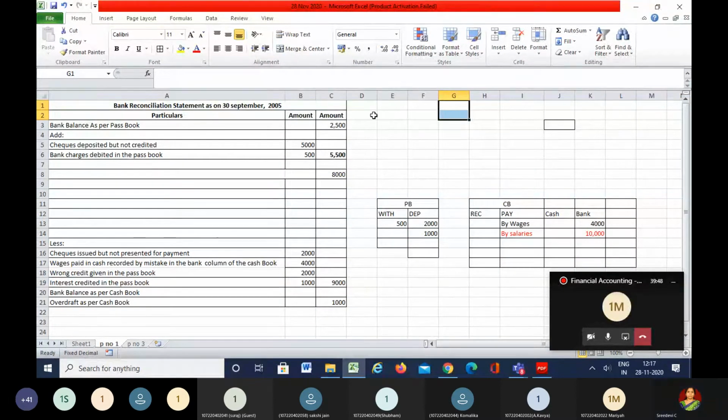So let's see the problem now. All of you open your PDF. I think had we completed the fifth problem?